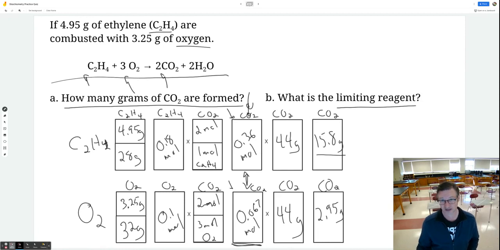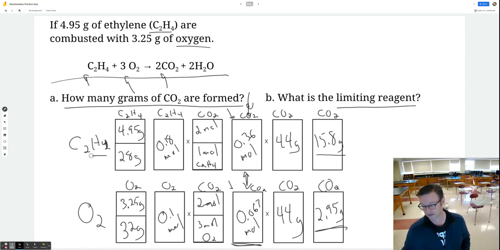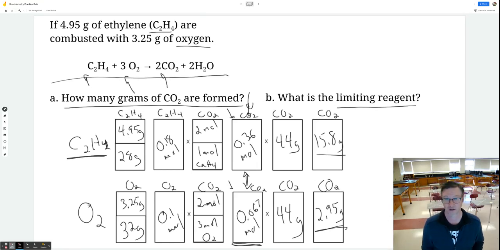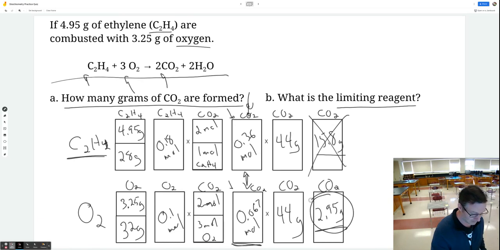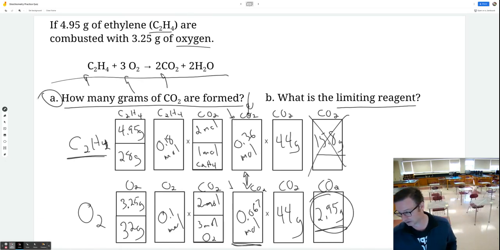However, the amount of oxygen I had to begin with is only capable of creating a little less than 3 grams. So even though I could make a lot more CO2 given the amount of ethylene I started with, I can't make this much because I only have enough oxygen to make 3 grams. So the amount that I could possibly produce, which is the answer to the first question here, is 2.95.